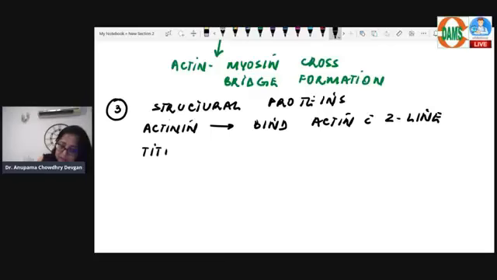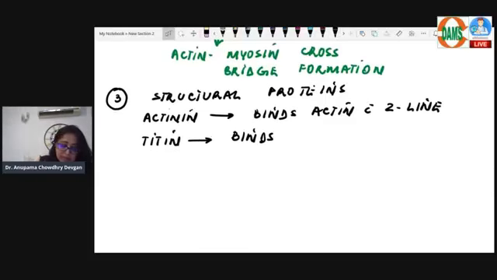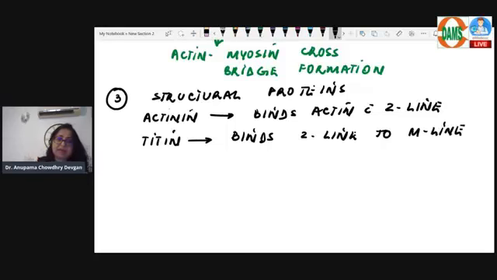Then you have titin. Titin binds the Z-line to the M-line.